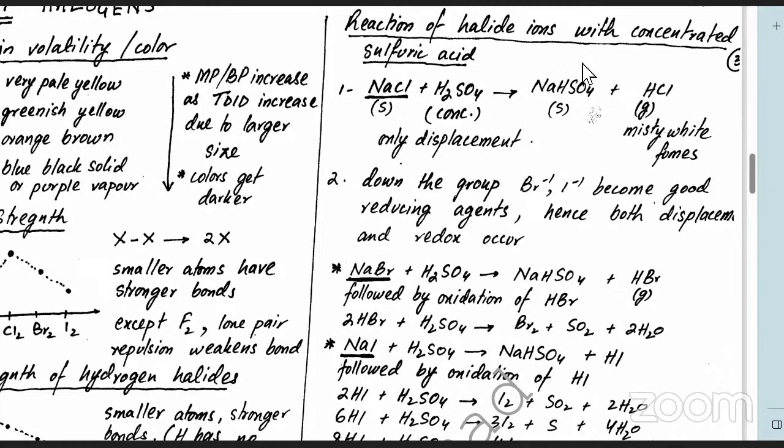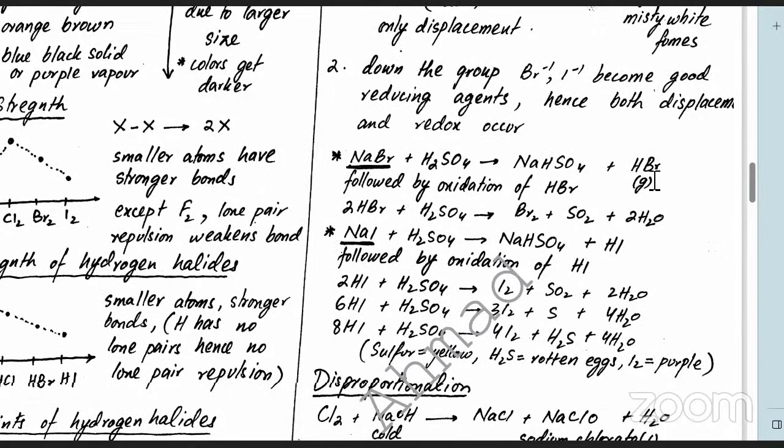But down the group, when you have Br-1 and I-1, you get displacement, but at the same time, you also get a redox reaction, because Br-1 and I-1 really like to lose electrons. The Br-1 starts losing electrons and forms bromine. I-1 also likes to lose electrons and starts forming iodine, and you get a lot of redox products. And the sulfur gets reduced.